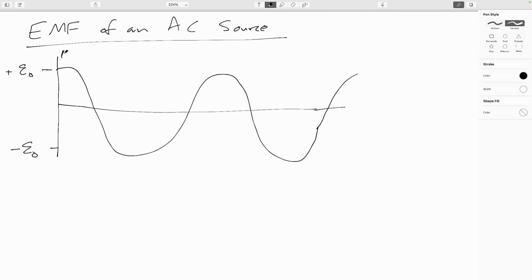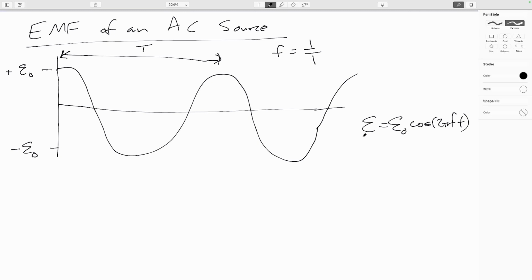This is a simple harmonic oscillator, so the time from peak to peak will be the period. And we remember that the frequency of oscillation is 1 over the period. So we can write the EMF as a function of time as the maximum EMF times the cosine of 2 pi f t.